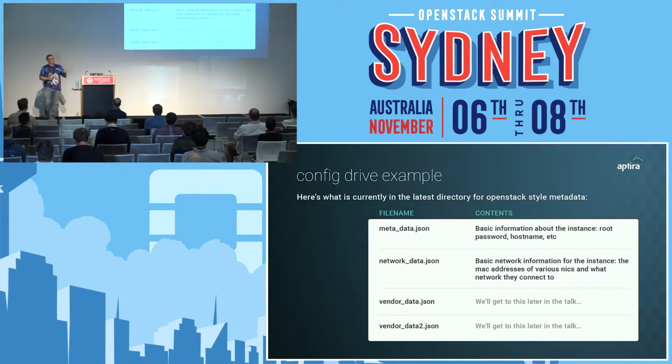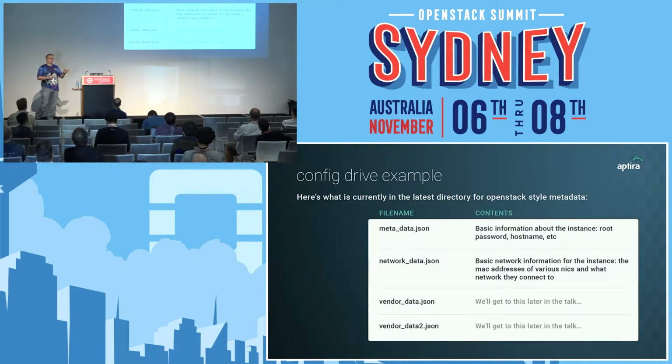Now, if you looked inside one of those OpenStack metadata directories, you'd see 4 files, depending on the release of OpenStack, I suppose. The first one, metadata.json, is those examples I used earlier. So the host name, the SSH key, the root password for the admin account, that sort of thing. The network_data.json is information about the network interfaces on the machine and how they're wired up.